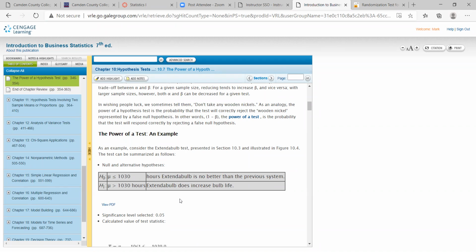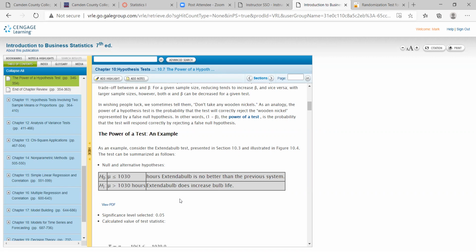When the null is false, the alternative hypothesis just says that mu is greater than 1030. What's required for a beta calculation or the power of a test calculation is that we choose a value greater than 1030. We have to choose it. It's not enough to say it's greater than 1030.